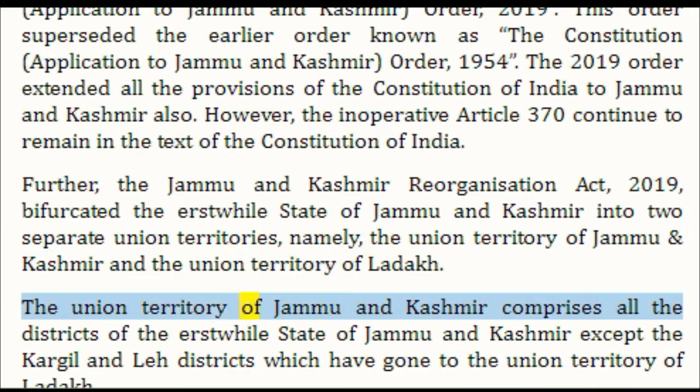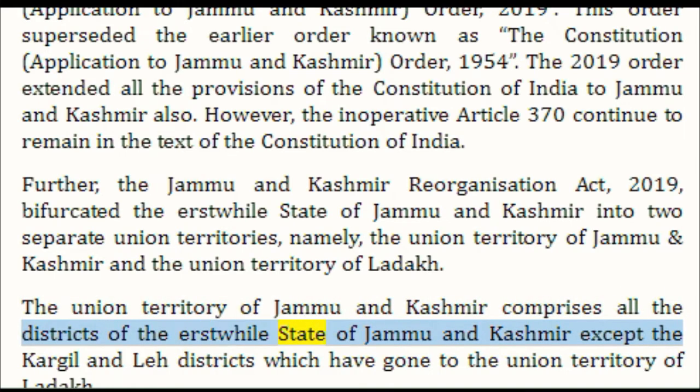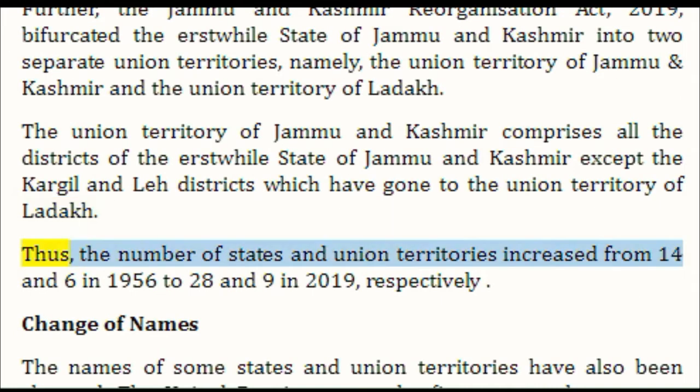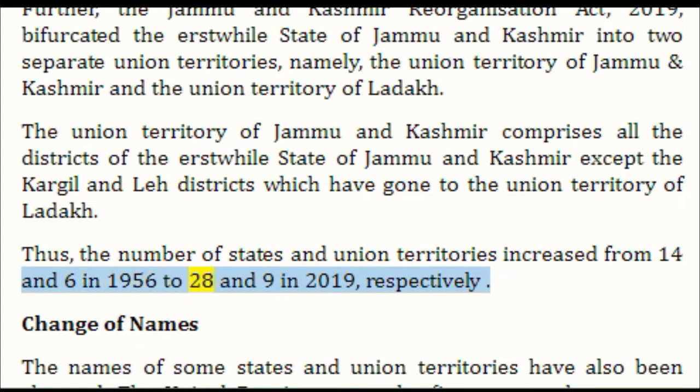The Union Territory of Jammu and Kashmir comprises all the districts of the erstwhile state of Jammu and Kashmir except the Kargil and Leh districts, which have gone to the Union Territory of Ladakh. Thus, the number of states and union territories increased from 14 and 6 in 1956 to 28 and 9 in 2019, respectively.